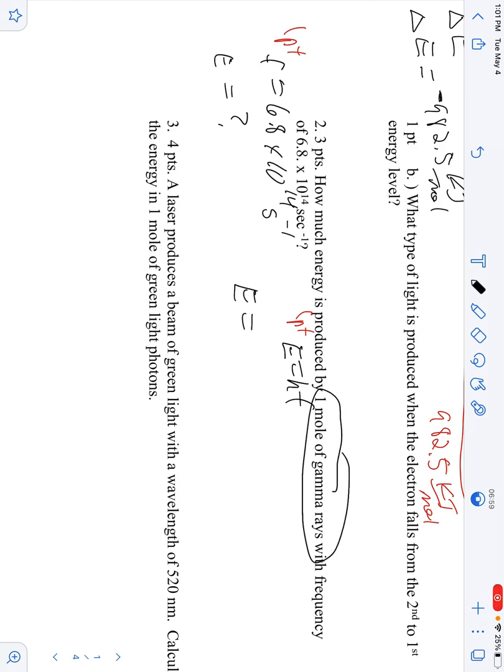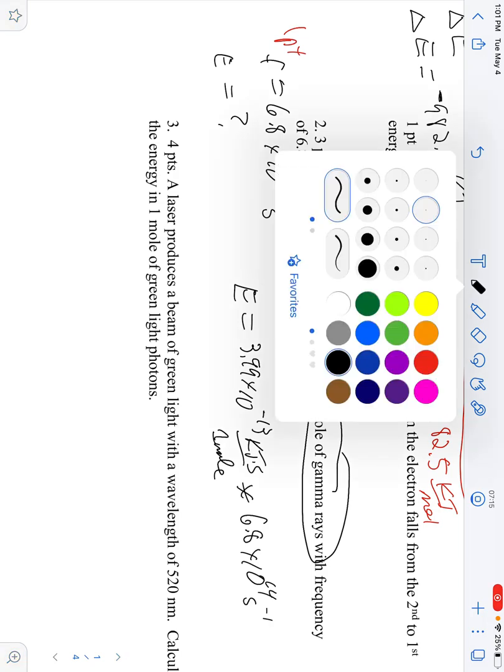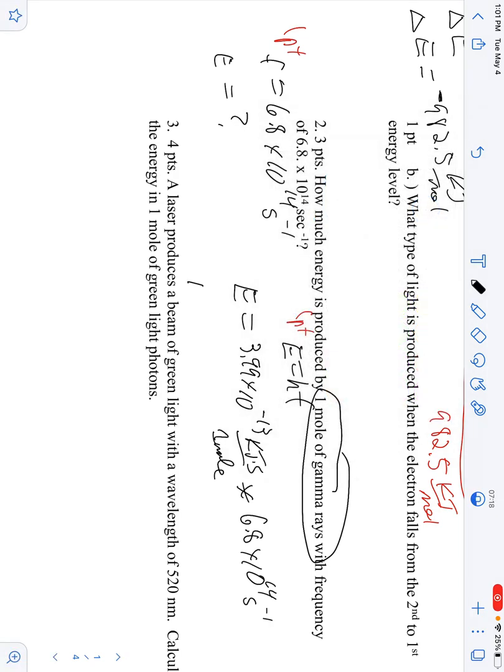Since it's 1 mole of gamma rays, I'm going to use the 1 mole, and then when I plug it into my calculator, I will get 271 kilojoules per mole.